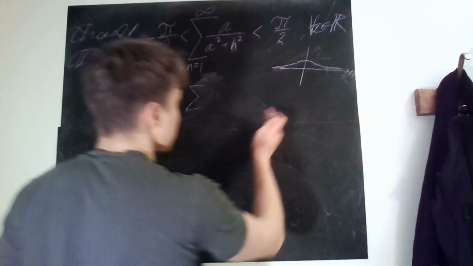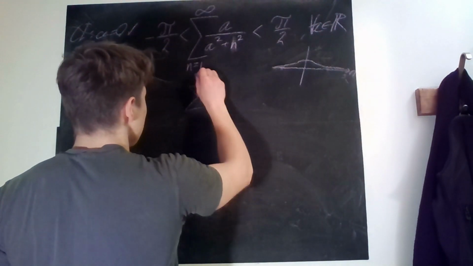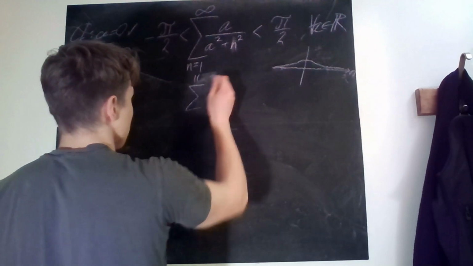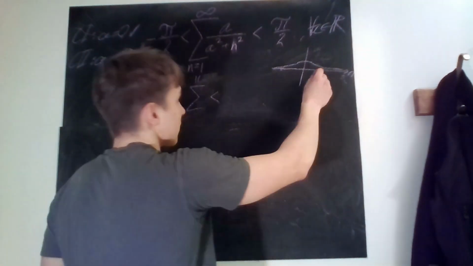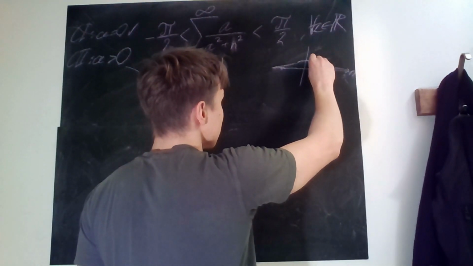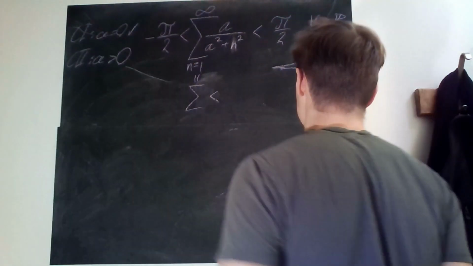Since we're only considering positive n, and we know that it's decreasing with respect to n, these are the same. This is the sum, I just shorthand note. So we're counting the sum from 1 to infinity. Can we maybe compare this with some integrals? Yes, we can.